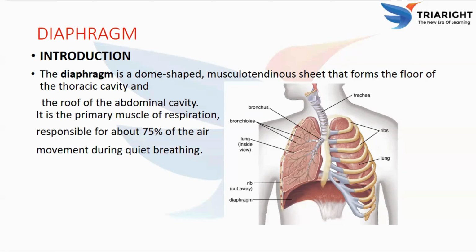This is the primary muscle of respiration. The diaphragm accounts for about 75% of the air movement during quiet normal breathing. When you take a deep breath and feel the abdomen rise, that's the diaphragm contracting. See how the dome flattens during inhalation and returns to its dome shape during exhalation.